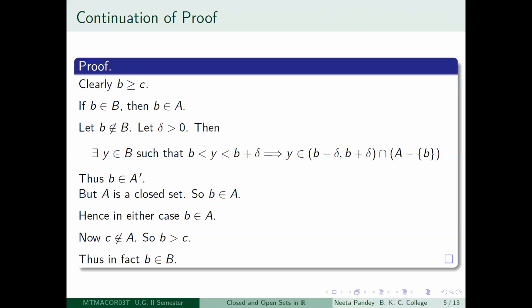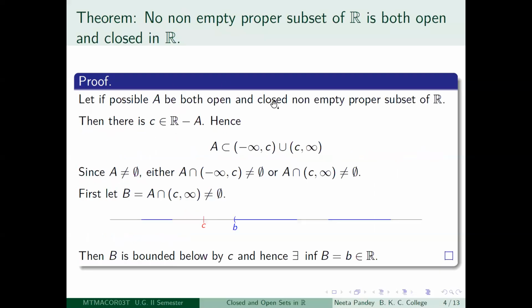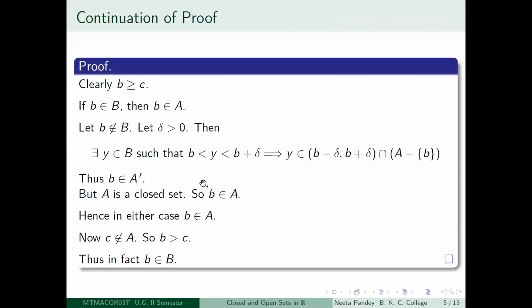Capital A was both open and closed, right? It is a non-empty proper subset of R and it is both open and closed. So, since it is at least closed and little b is a limit point of A, so b has to belong to A.